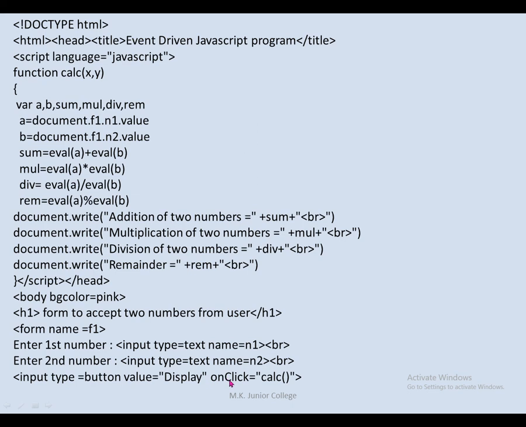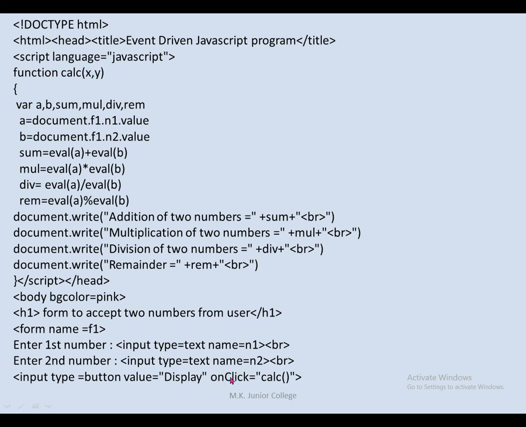Remember this: the C is capital here, and in the same way you have to write this onclick event, with no space in between, in the same line. onclick is equal to, in double quotes, the name of the function. Earlier we wrote tab, now you are writing calc as the name of my function. The same name must be added here.